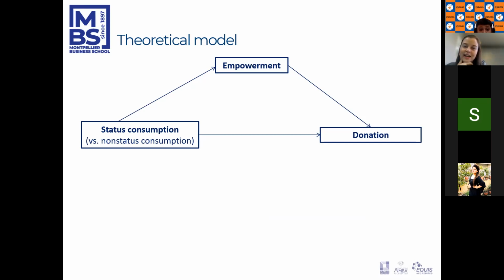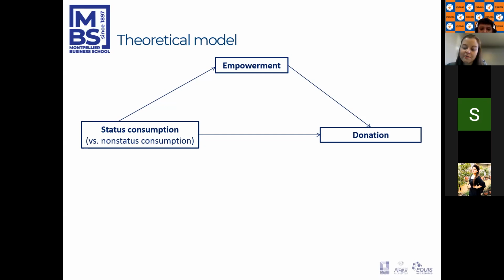So as you can see in this graph, this is a very basic prediction that we made in this paper: status consumption leads to empowerment leads to donation, and therefore status consumption leads to increased charitable donation behavior.